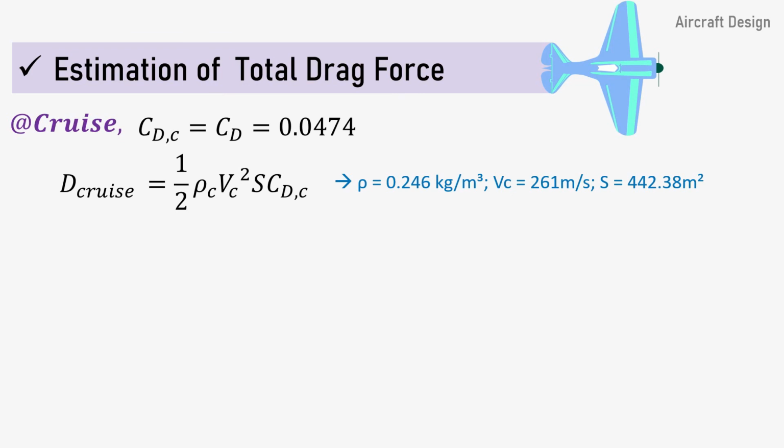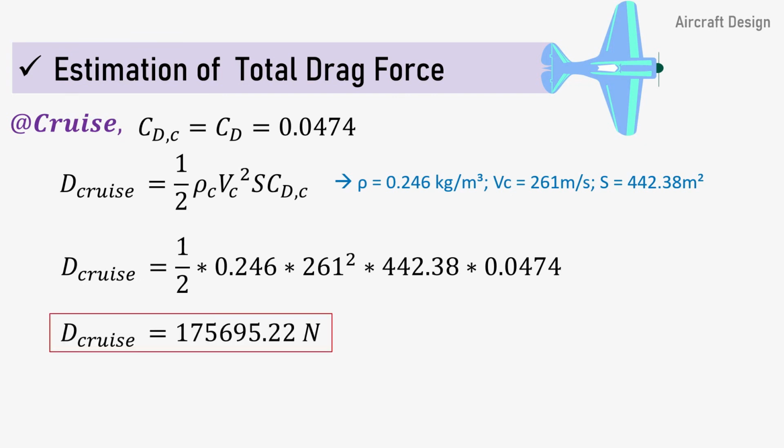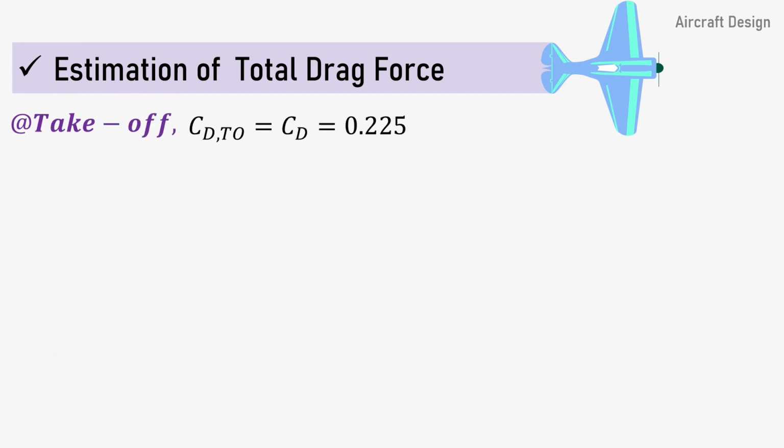S is 442.38 square meters, and C_D during cruise is around 0.0474. After substituting in this general equation, we get my drag force during cruise about 175,695.22 Newton.